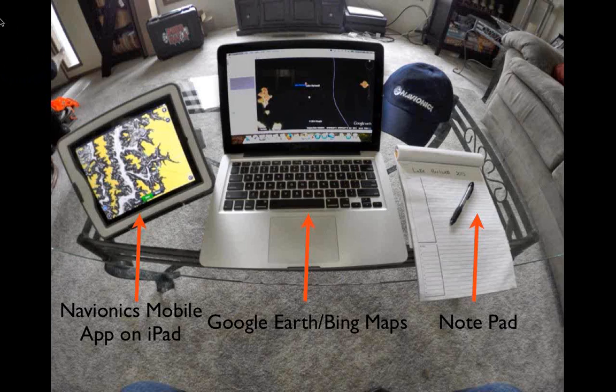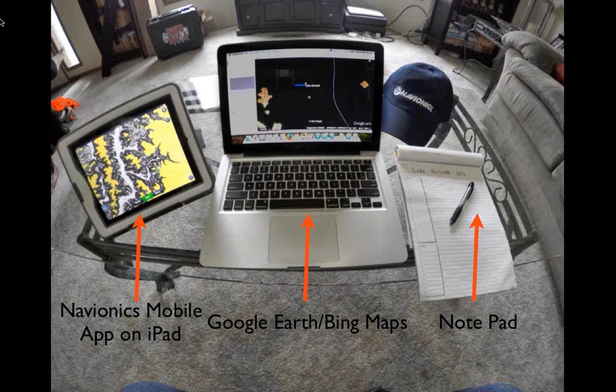You can see all those islands, and I can't tell you how many times it's really come into play where I'll be looking at my Navionics app on my iPad, and I'll find an area that I think has a lot of potential, and I'll look at it on Google Earth or Bing Maps, and a lot of times you'll find a real subtle rock pile or something on one of those contour lines on a break line that you may not have known was there, or you definitely wouldn't have known was there until you paddled over it with a Humminbird unit and found it on side imaging or something.